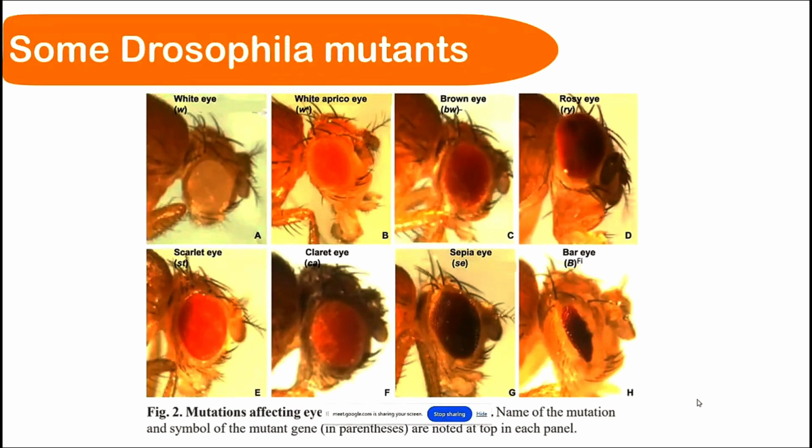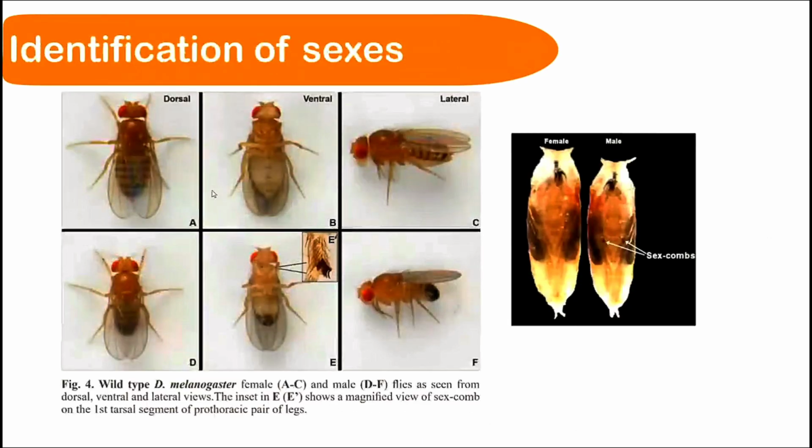Some of the mutants for which pictures are given here are with respect to the eye. Now you can see here, this is a white eye mutant. The normal wild Drosophila has a red eye, right? This is the wild type Drosophila, so beautiful red eyes are there.